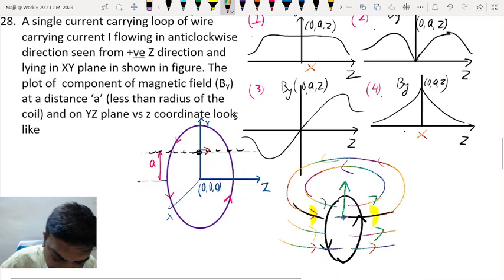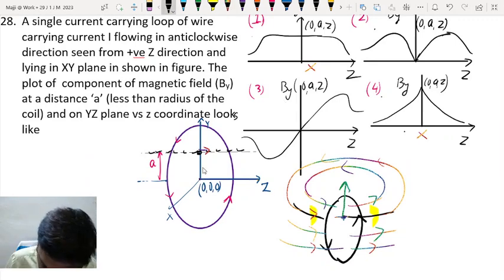Now here you see, on the positive z axis, somewhere here, the component of y will be along the positive y axis.